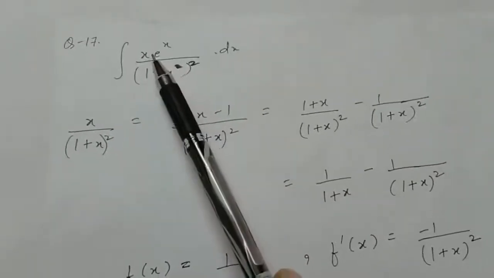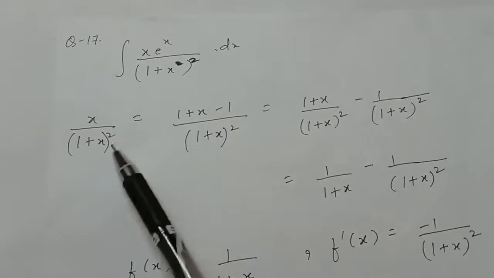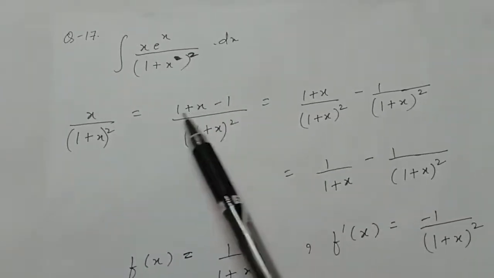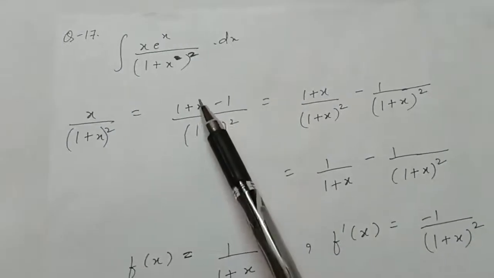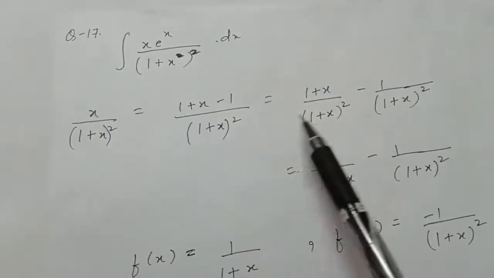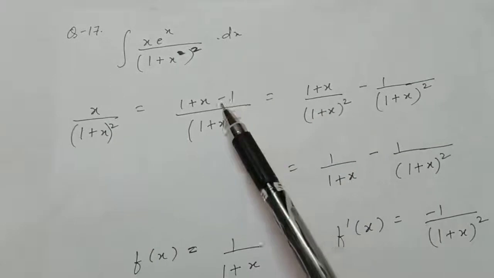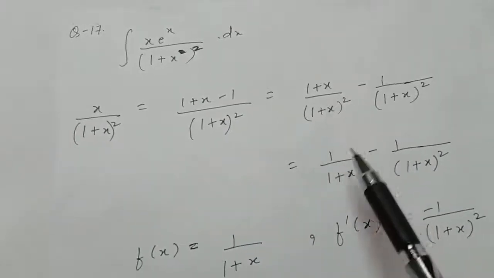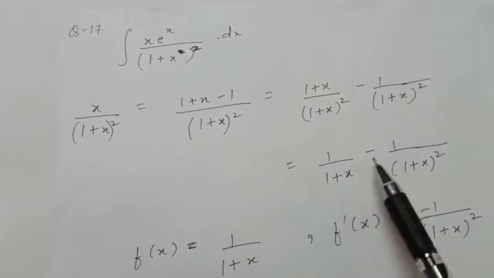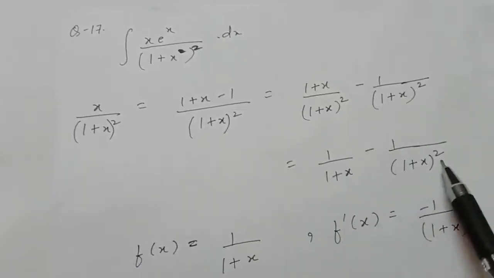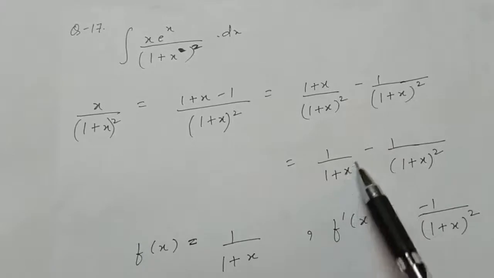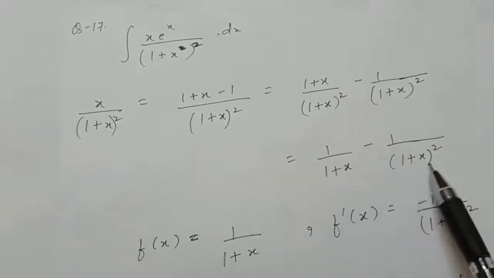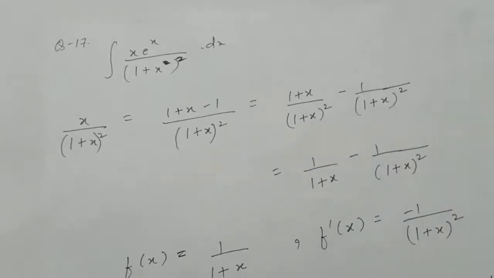So see, x upon (1 plus x) whole square can be written as, I have just added and subtracted 1 in the numerator, (1 plus x) upon (1 plus x) whole square minus 1 upon (1 plus x) whole square. Now this will become 1 upon (1 plus x) minus 1 upon (1 plus x) whole square. And now if we take this as f(x), then minus 1 upon (1 plus x) whole square will be f dash x.